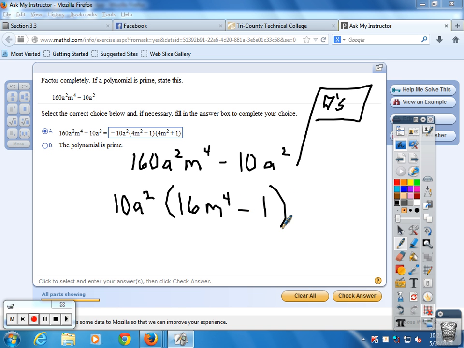Oh my gosh! Look what we got. What is this? Difference of two squares. And then you can take the square root of the first term. And for those of you who don't know what difference of two squares is, it's shortcut number 3. The square root of the first term is 4m squared. Square root of the second term is 1. So that's a plus b.